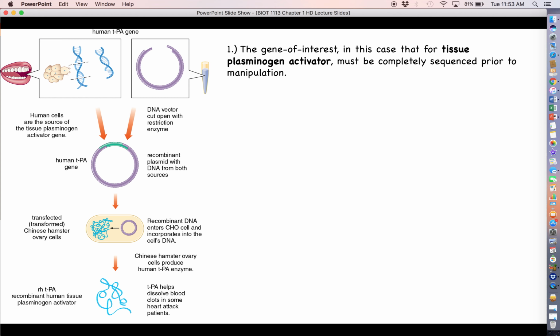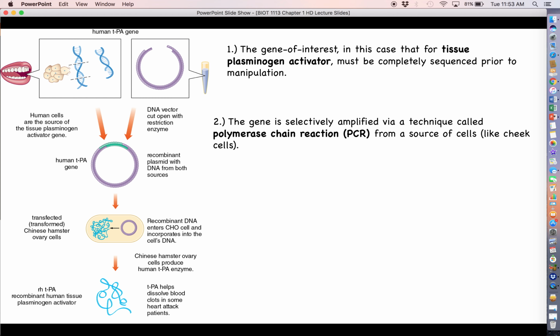What we're going to do is utilize a methodology called polymerase chain reaction, or PCR, to make many, many copies of just this one gene. We're not making a whole bunch of copies of the whole chromosome. We're making a bunch of copies of this one particular gene, based on having that gene already sequenced.